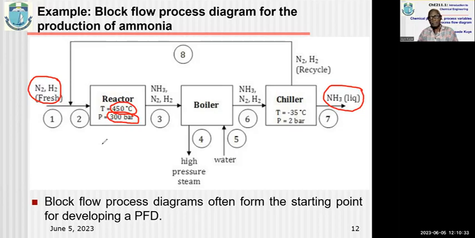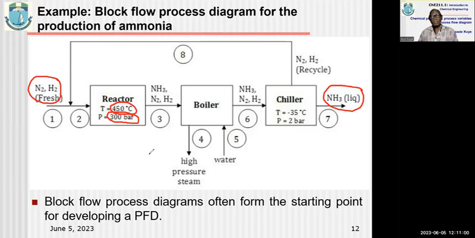So again, if the pressure is 300 bar, what is its value in SI units? That's the second question that you need to answer.